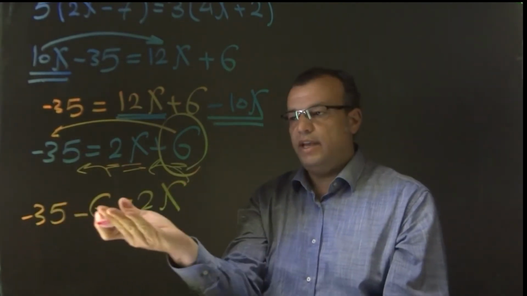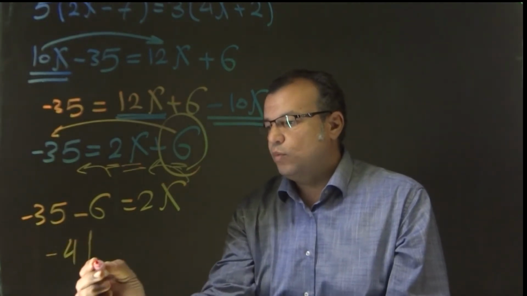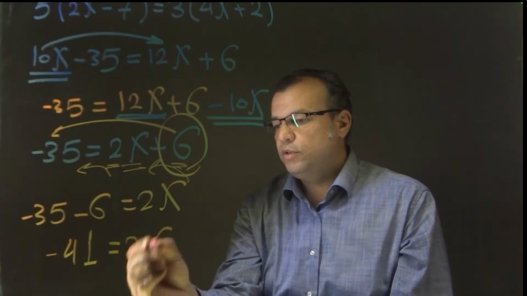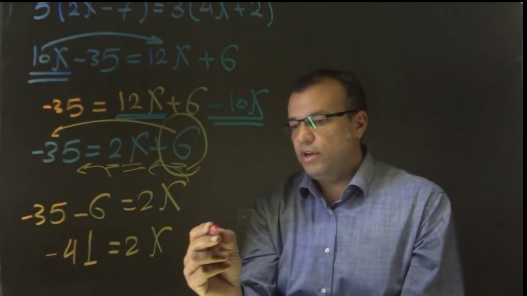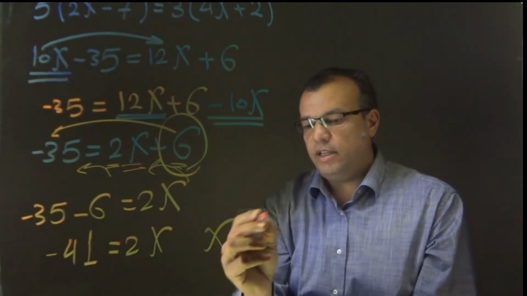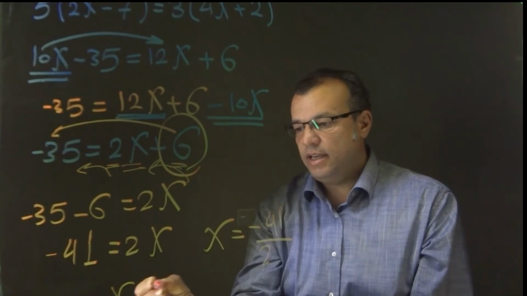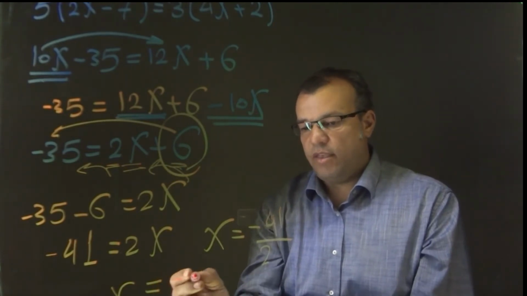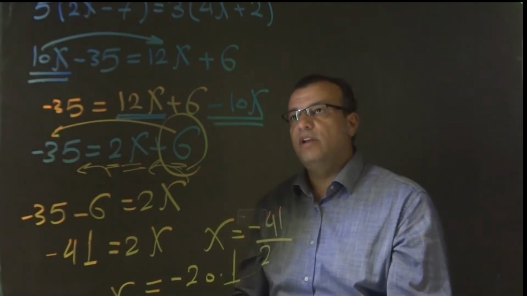Negative 35 and negative 6 will be negative 41 = 2x. 2 is multiplying, so move it to the other side by dividing. Then x will be negative 41 over 2, which means x = negative 20.5. This is the value of x.